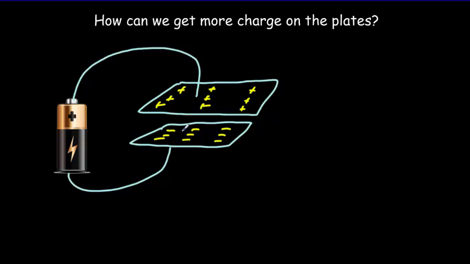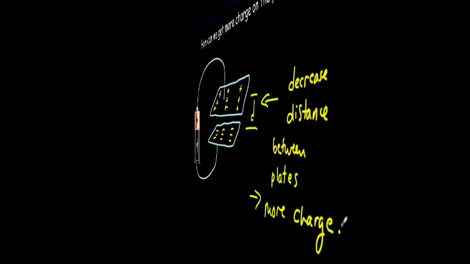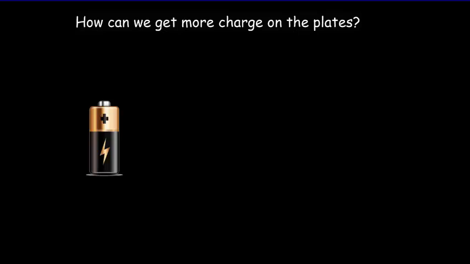So it's going to act like a suction. And in that way it's going to add to the pressure pushing electrons onto this plate here. So if we can decrease the distance between the plates, that should result in more charge. So we have 3 methods so far for increasing the charge on the plates.